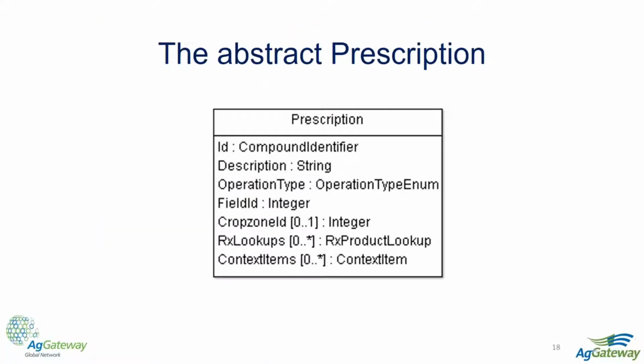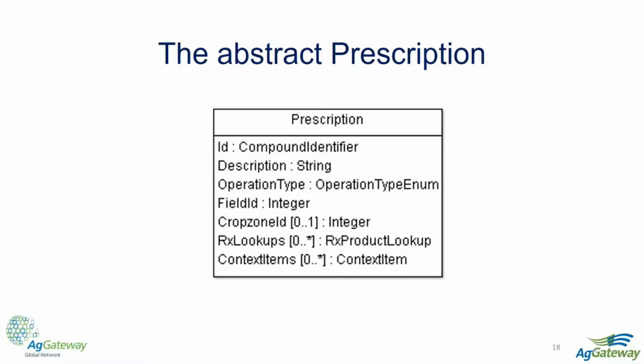So now let's go into prescription a little more. The prescription is also an abstract class. And it starts simple. Essentially, it's telling us what its identity is, and this suggests that prescriptions are capable of standing alone, of being self-contained.